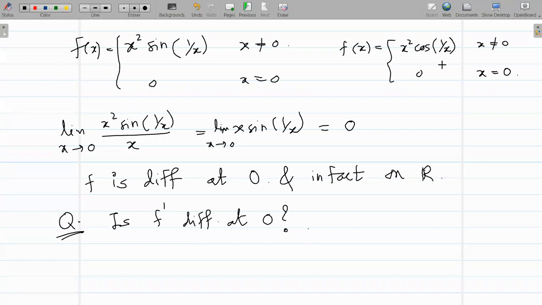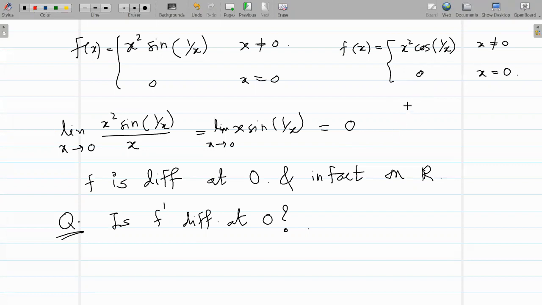So yes, for cos one can cook up a similar kind of argument and see what happens. The behavior is similar to sine, so we are expecting a similar kind of thing to happen for cos 1 by x, but one has to check it out. I have not checked it.